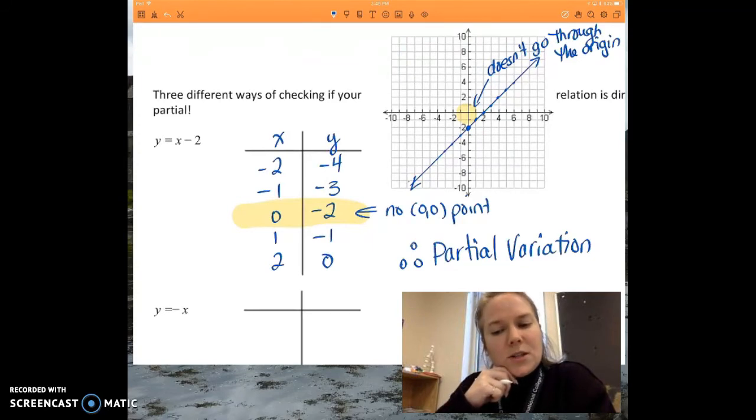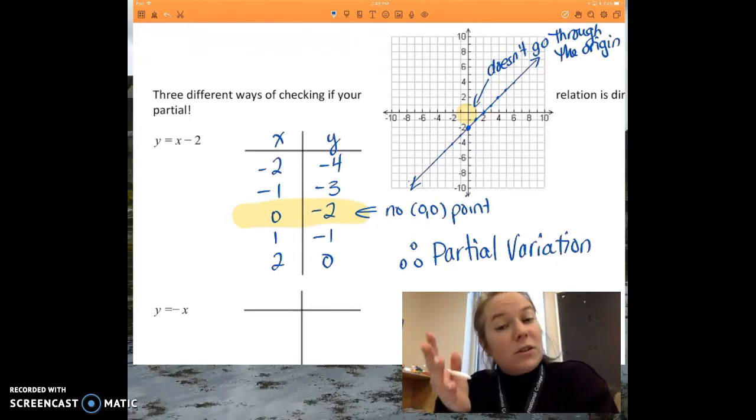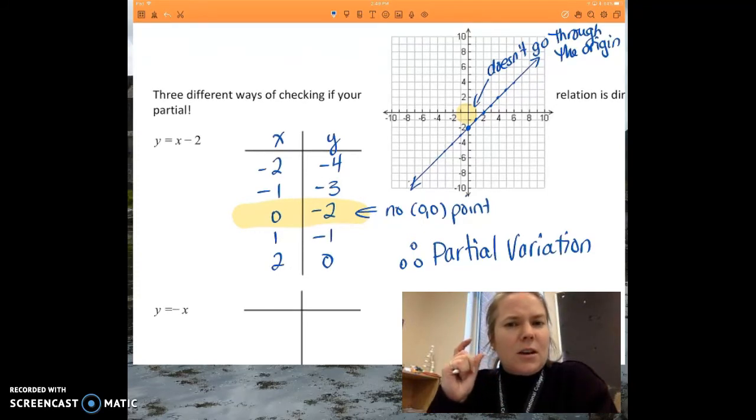But what about the equation? There has to be a way to just look at the equation and figure out, is this partial or is this direct? Now, the clue that we need is in the table of values. If you look at the point that I highlighted in the table of values, you'll see that's the point where x equals 0. X equals 0 means it's on the y-axis.